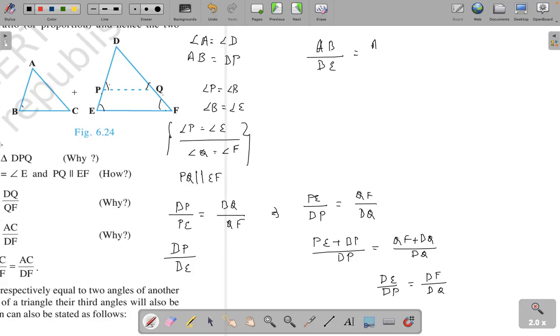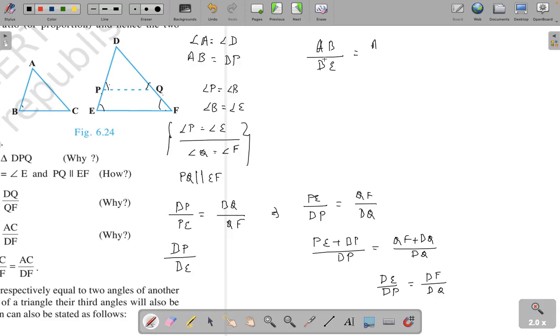Can't we just use AA? So you are currently proving that. You don't know if three angles are equal, the triangle is similar or not. So that is what the theorem is. You have to prove that if three angles are same, the sides should be proportional. Okay.